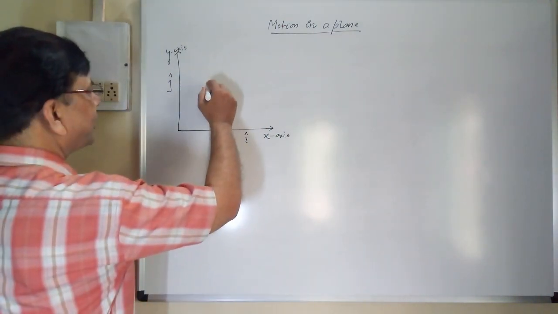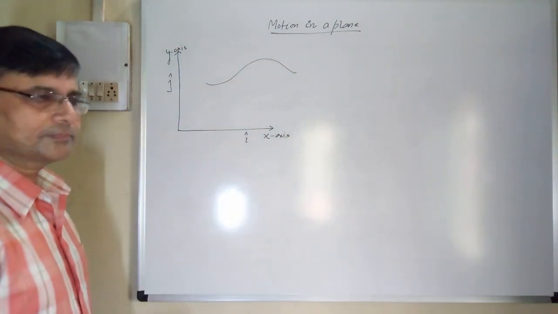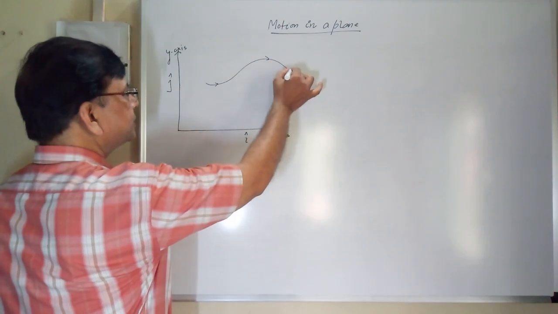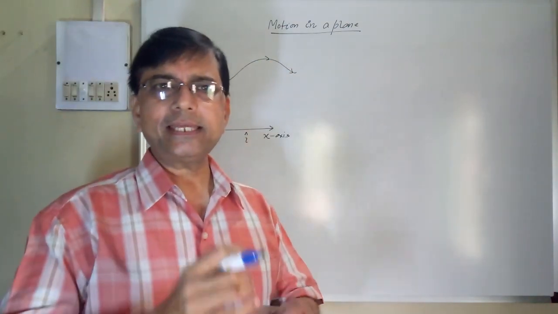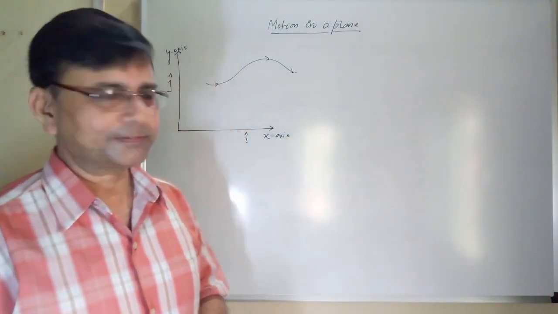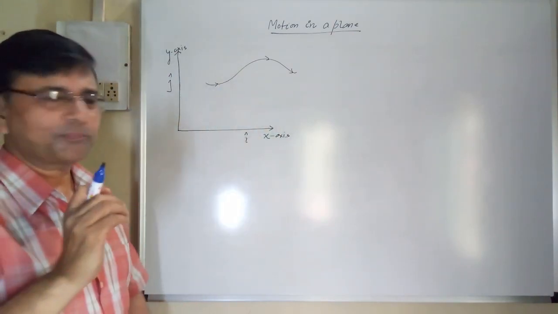Let's suppose the object is moving this way. This is the path along which the object is moving. So we can specify the position at various places by the coordinates of that particular point.